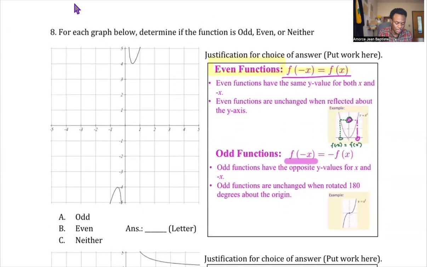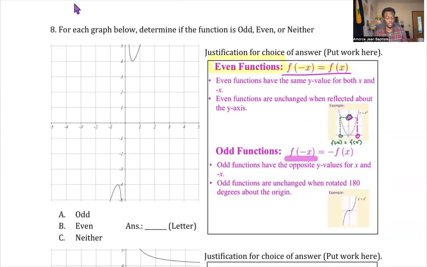We already talked about when you have an even function. So now all we need to do is verify whether this function is even or odd. Here's the function we have. What I'm going to do is find an x value, the one that's more noticeable, this value here halfway from 0 to 1.